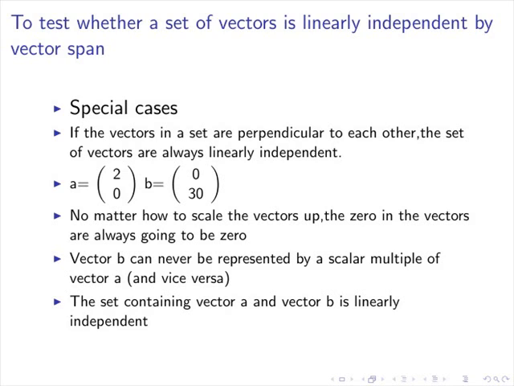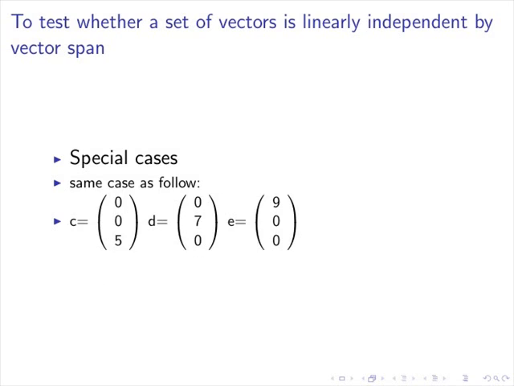Vector B can never be represented by a scalar multiple of vector A. Therefore, the set containing two perpendicular vectors is linearly independent. It is also why a set containing three vectors that are perpendicular to each other is always linearly independent.